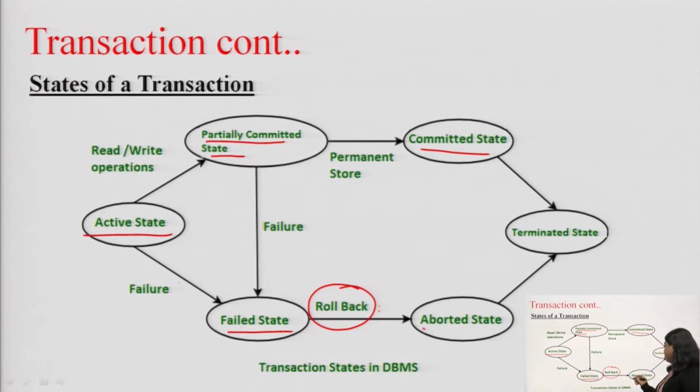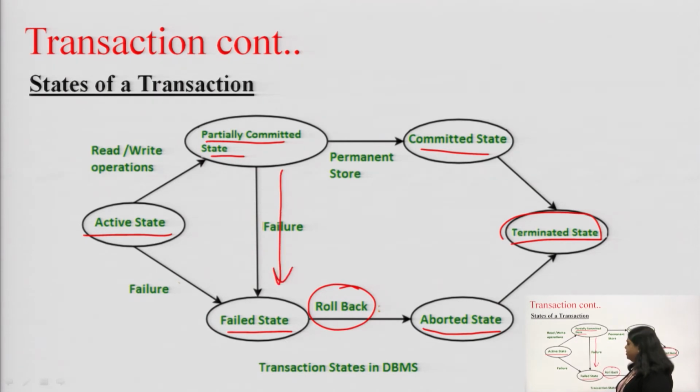After the rollback the transaction is aborted, it goes into the abort state, and then finally a terminated state, which comes after the commit as well as after the abort state. From the partially committed state also we can move towards a failed state, that means we have executed the last instruction, but those changes have not been reflected into the database.